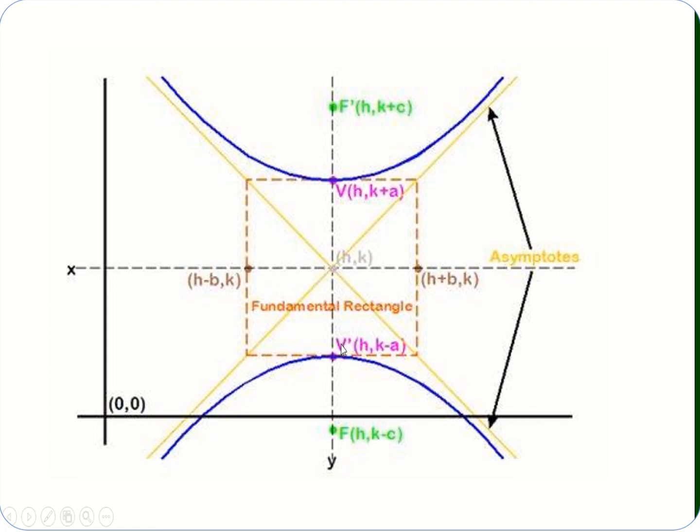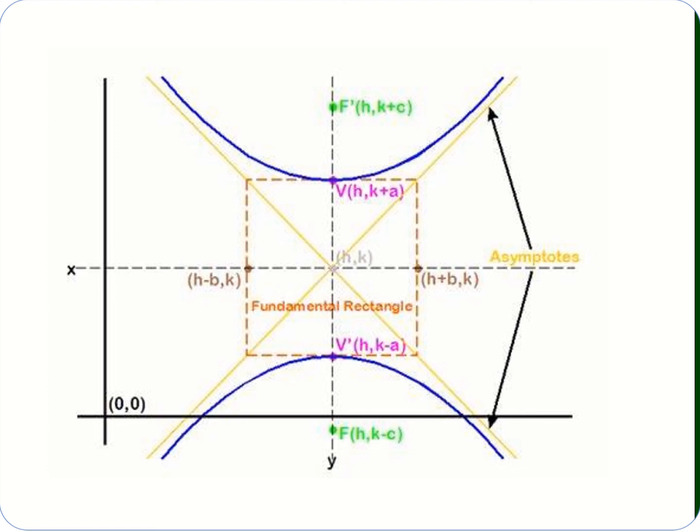So, again, the transverse axis is equivalent to 2a, and the conjugate axis is 2b. In getting c, we need to use the Pythagorean theorem, which is c equals square root of a squared plus b squared.